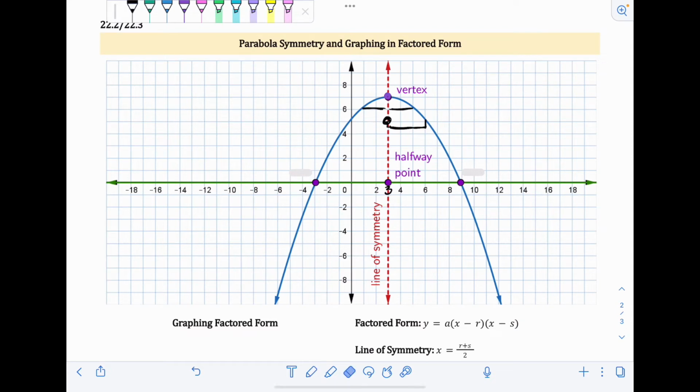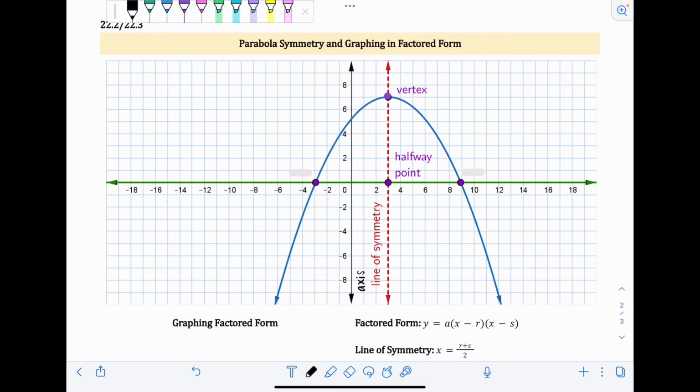Okay, another phrase that you'll see sometimes instead of line of symmetry is axis of symmetry. So I'm just going to apologize ahead of time if I accidentally call it an axis of symmetry. It's the same meaning. Okay, and then the last vocab word that's really important to know here is zeros. It's not necessarily just the number 0, it's where the function or the graph crosses the x-axis.